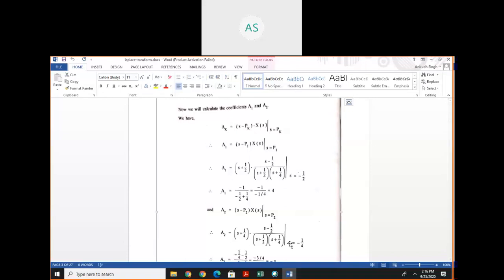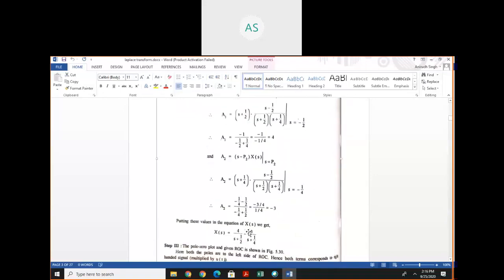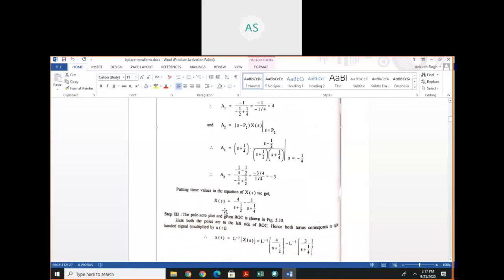a2 is equal to s plus 1 by 4 multiplied by X(s), and this a2 is calculated at s is equal to minus 1 by 4. The s plus 1 by 4 is cancelled by s plus 1 by 4, and if we substitute the value of s equal to minus 1 by 4, we get the value of a2, which is minus 3.